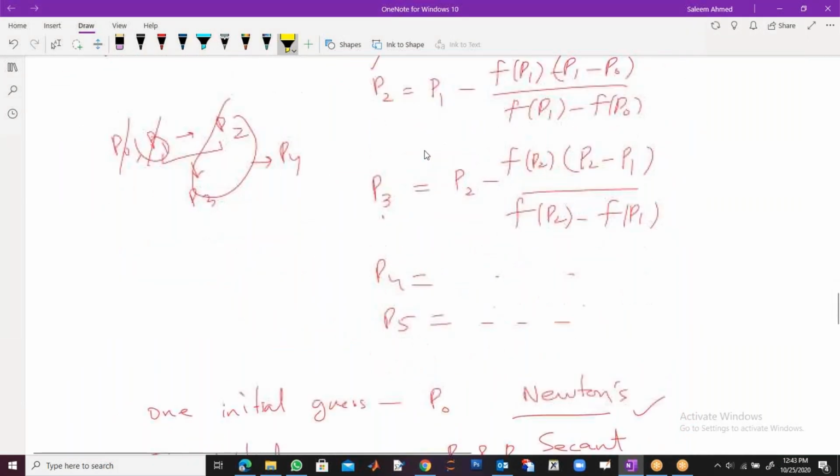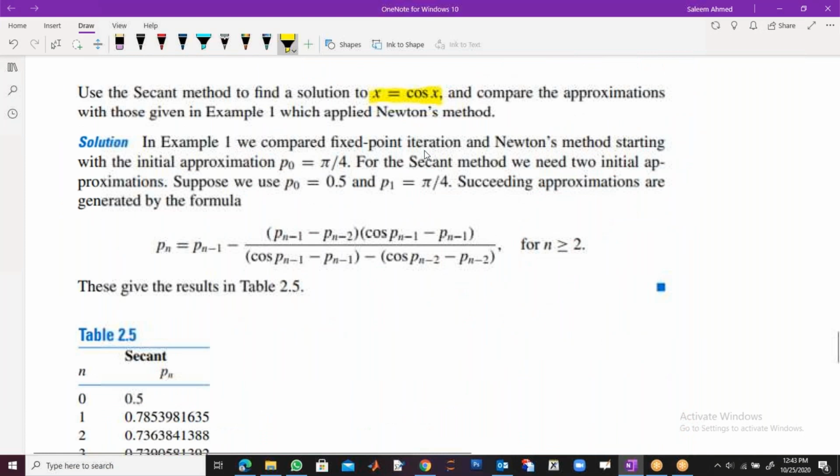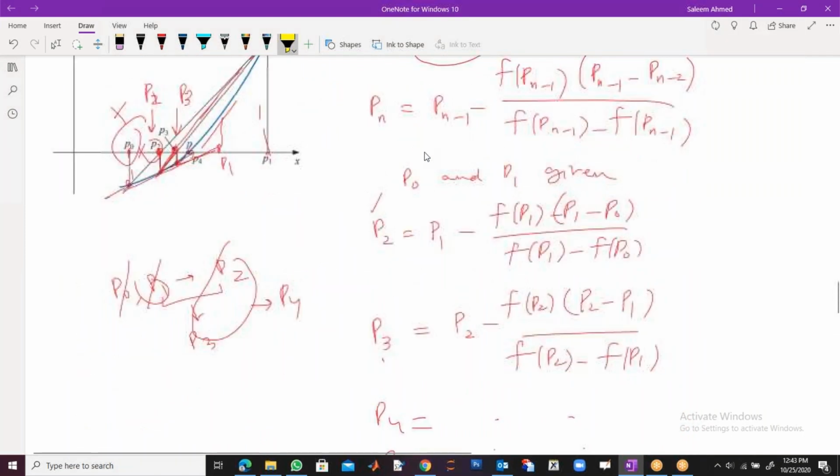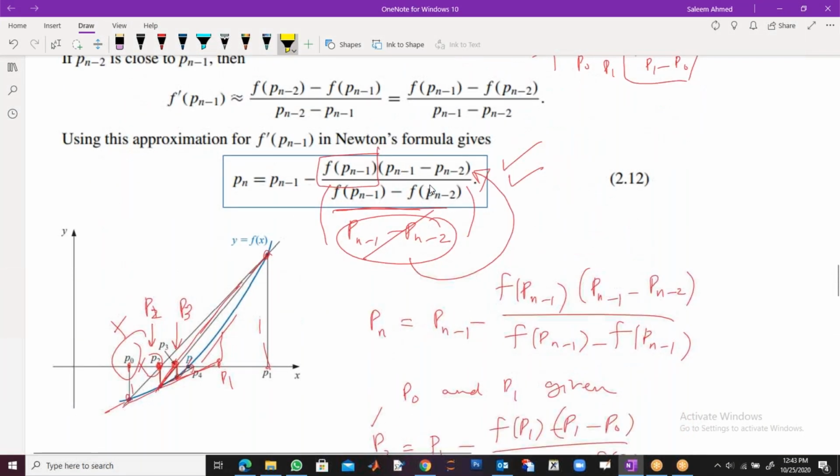So for the secant method, we can do this example as well. If you go back and see the formula for the secant method, this is the formula, 2.12: Pn is equal to Pn minus 1... Here I told you that we need two initial guesses, P0 and P1, to get P2.